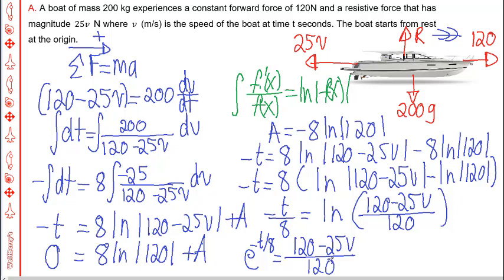Now, what you can go ahead and do is simply simplify all of this and make v the subject. So in the end, you're going to multiply both sides by 120, then go ahead and move the v to the other side, and then make v the subject. So we're going to go ahead and do that now.